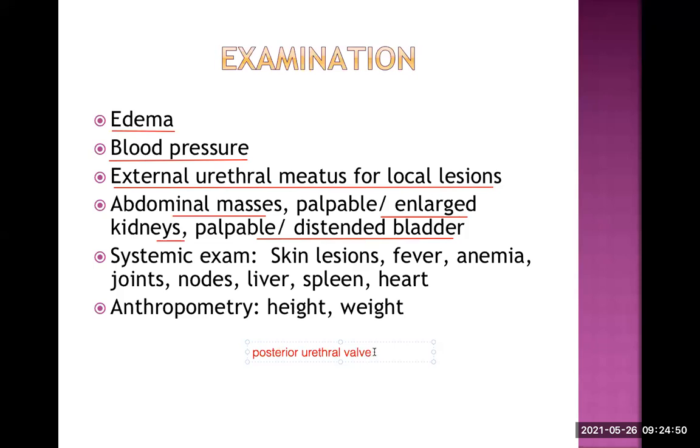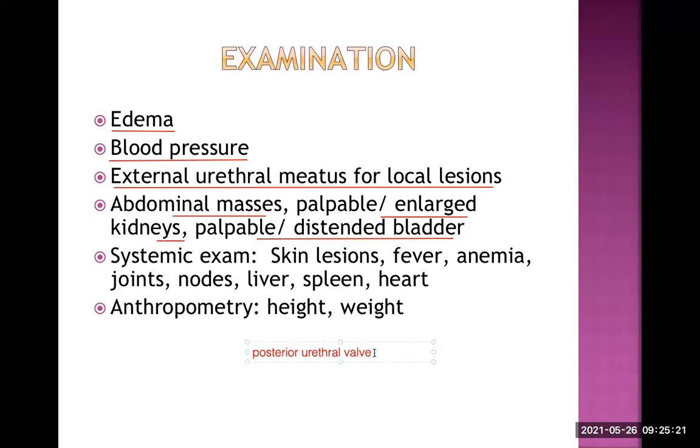Now, this posterior urethral valve is a type of tissue which only allows one-way flow of the urine. That means the natural pathway of urine flow is blocked. But when we insert some instrument from the urethral side into the urinary bladder, it doesn't obstruct that.